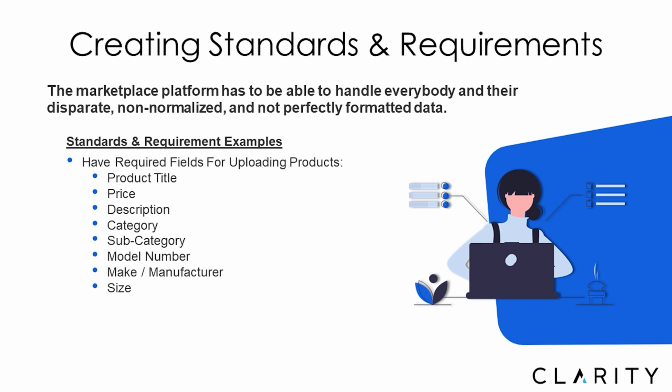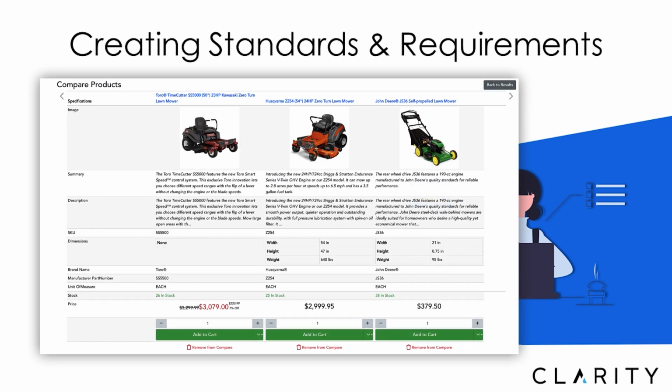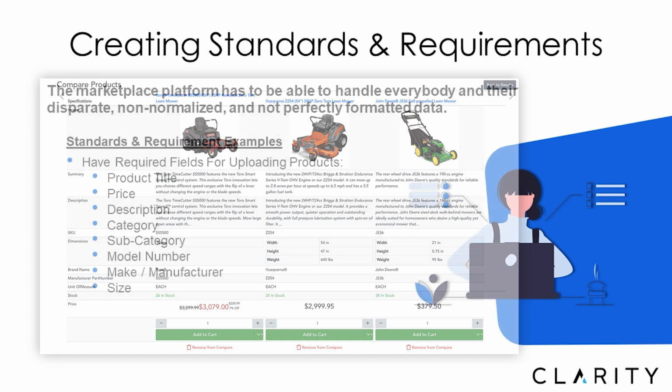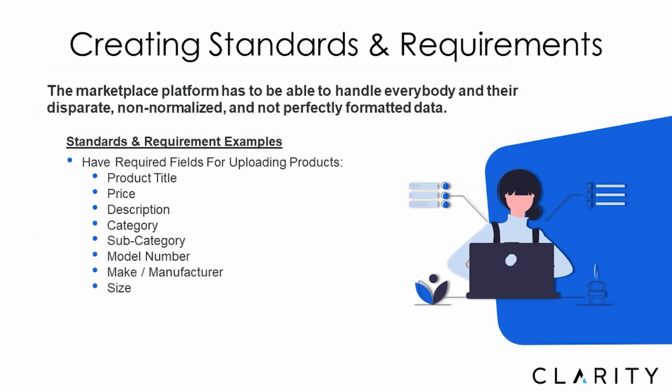So when people go to compare my mower that I offer against the one Chris is offering against the one that's offered by another vendor, that they have at least the same features and the same pictures and the same size pictures, if you will, so that I can truly compare them apples to apples, because that's really the experience they want. So a significant amount of that can be dealt with in templates, right?